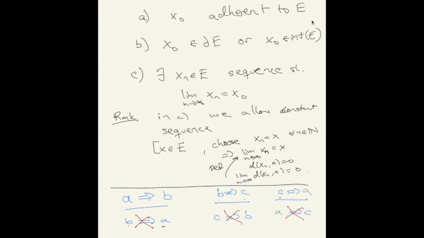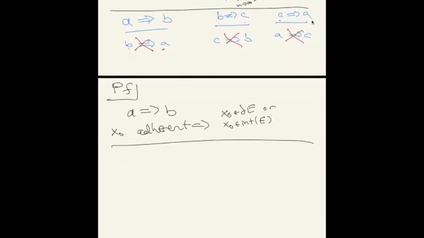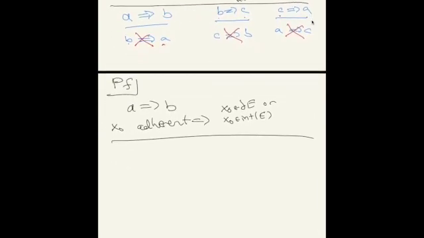So this is how the proof is then structured, and this is often how the "following are equivalent" proofs are ideally structured. So A implies B. This means that x0 is adherent implies that x0 is at the boundary or x0 is in the interior. So let's check this. What does it mean to be adherent?